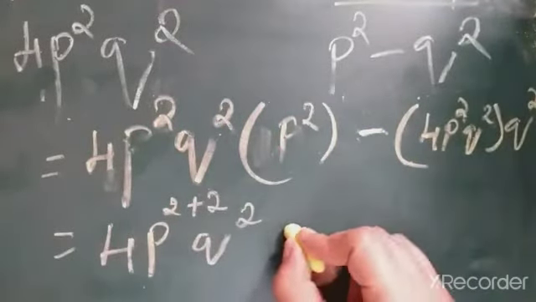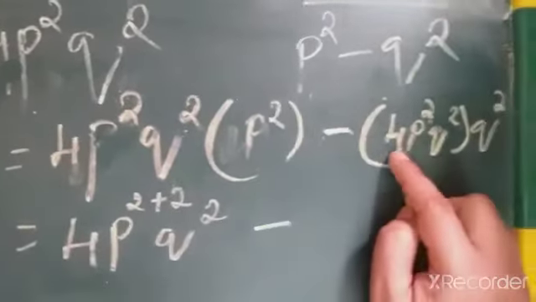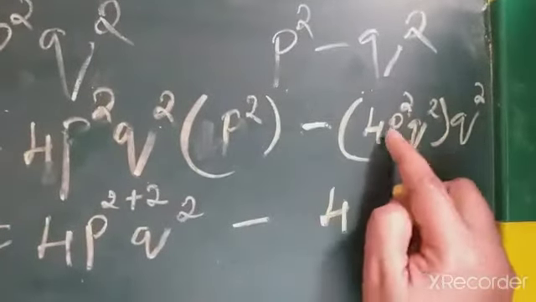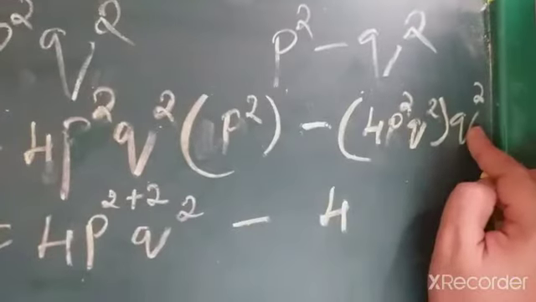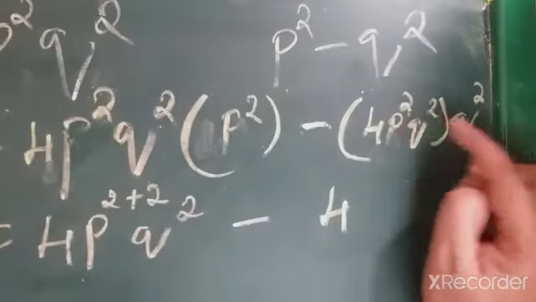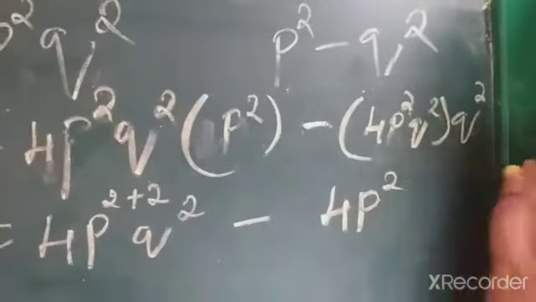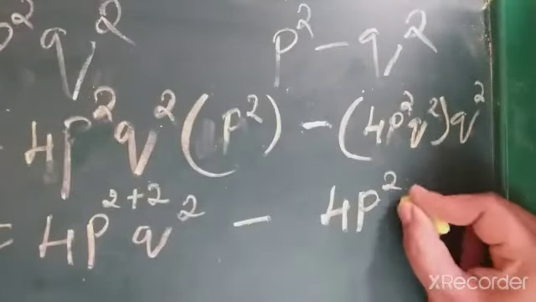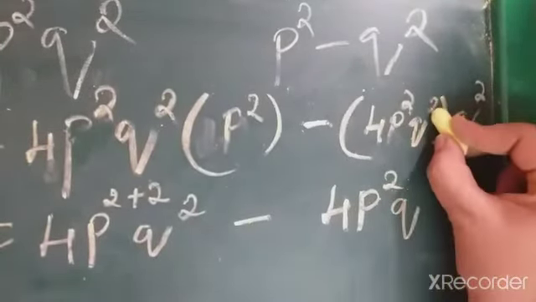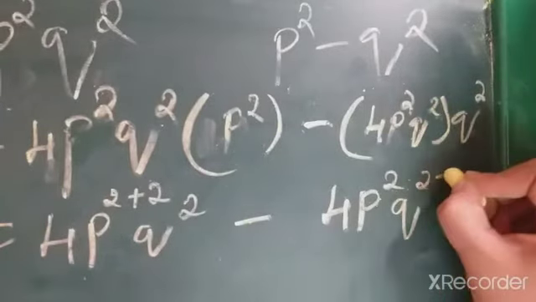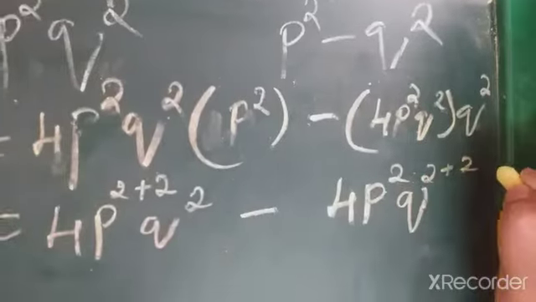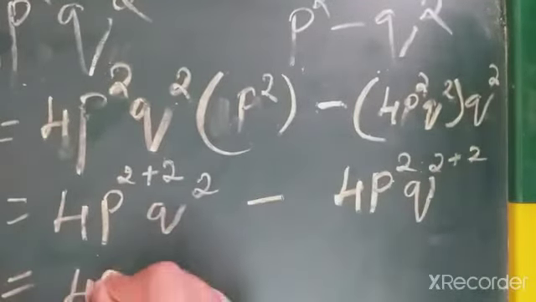Minus, now 4 into 1 means 4, 4 ones are 4. P square into, no like term, so it means here 1 is there, write p square as it is. Q square and q square are like terms, write q and add the powers, 2 plus 2, q to the power 2 plus 2, the answer is 4.